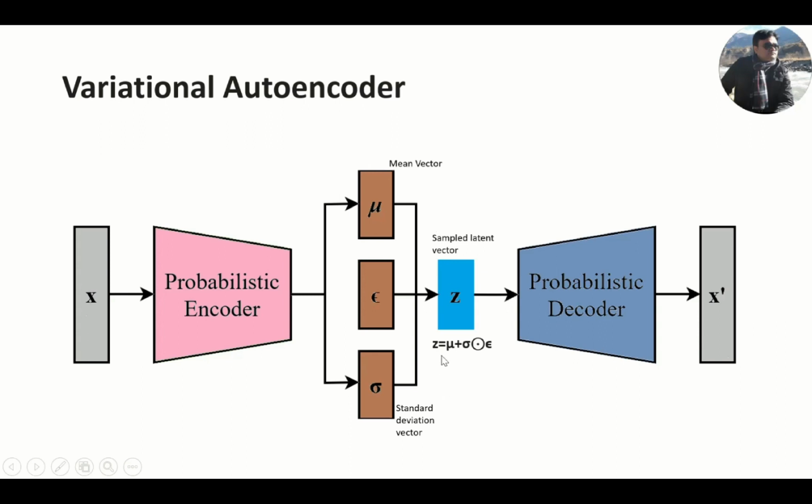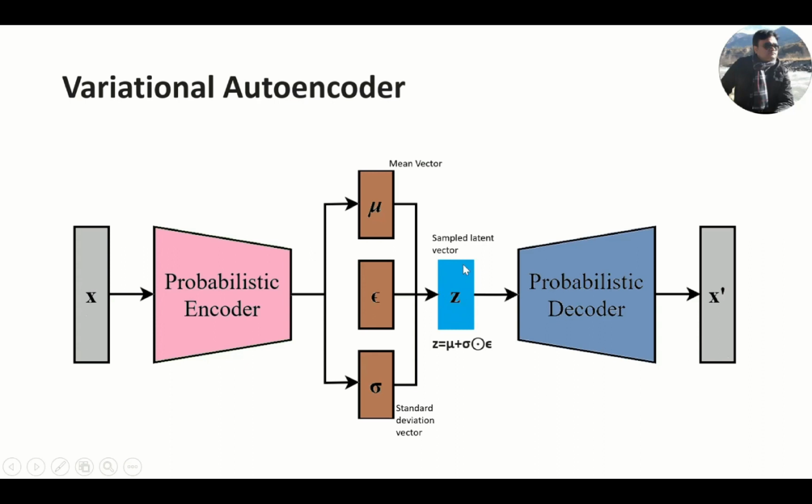So G, which is the sample latent vector, is equal to mu plus sigma times epsilon. So mu is the mean vector, sigma is the standard deviation. And this sample latent vector will be sent to the decoder, which is continuous in nature.